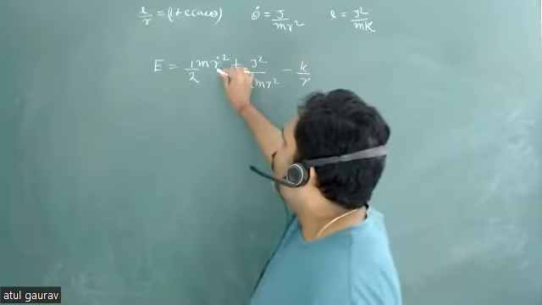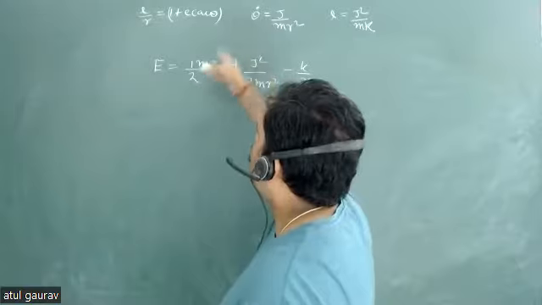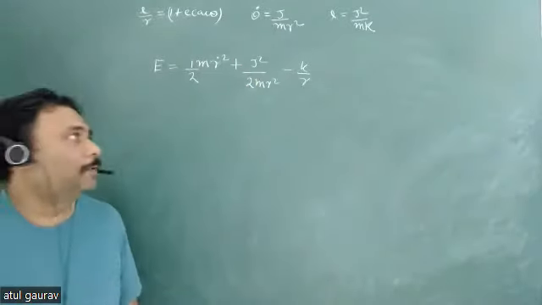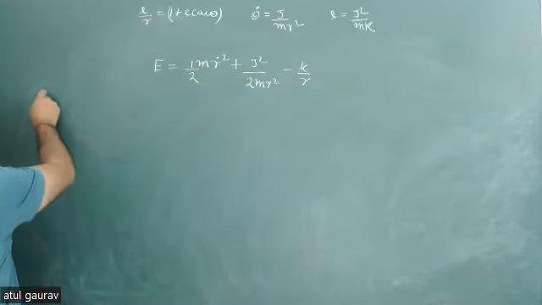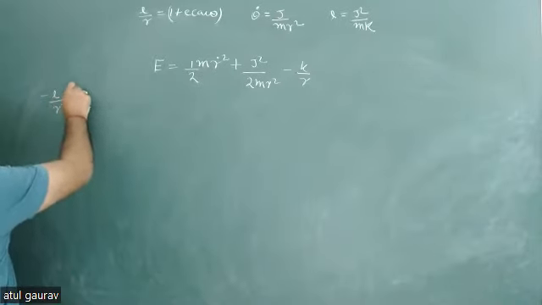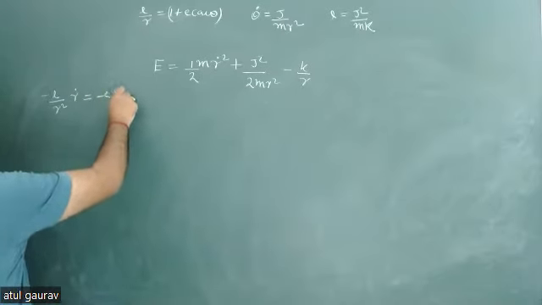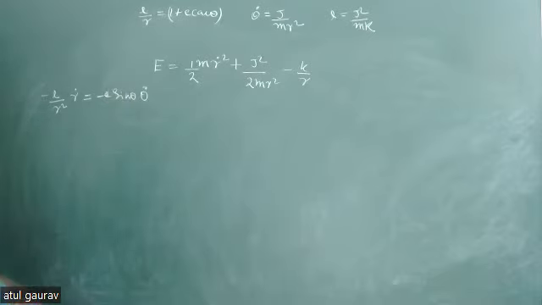So here I can find r dot from here, I can find r from here, and I will put this particular equation. So let us see how we can use this particular calculation. This is very interesting. So here minus L upon R square R dot is equal to minus E sin theta, theta dot. Yes or no? And I can put theta dot is equal to J upon MR square.